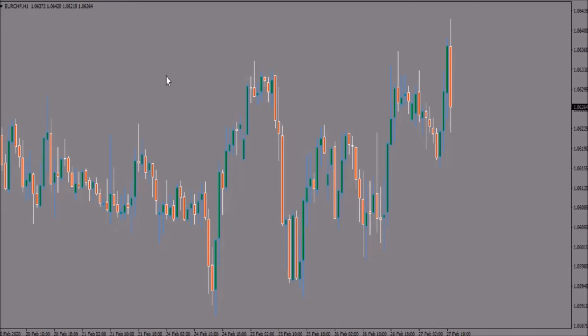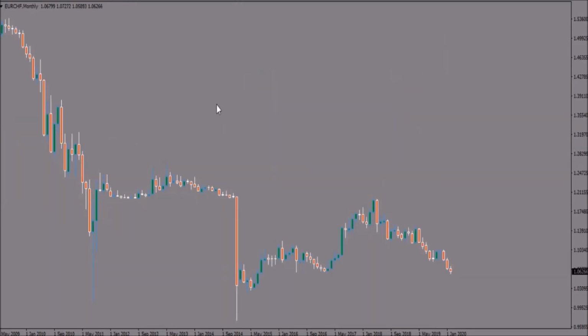Now that you know the major pullbacks, where you should set an area up, we go to the monthly chart, and you can see the pullbacks. We're going to just mark them up here real quick, and I'm going to show you why I think looking at a monthly chart is very powerful.